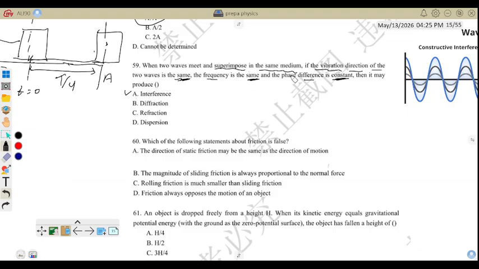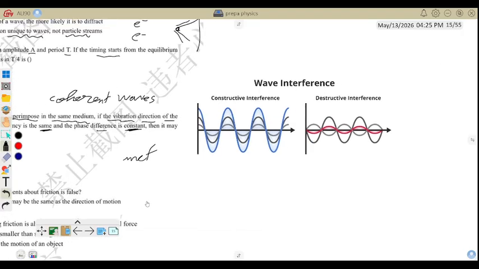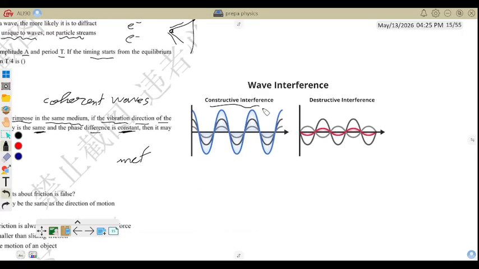Those are actually the conditions of what we call coherent waves. If all those conditions are met, we have what we call interference of those waves.